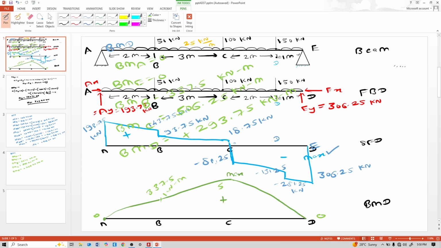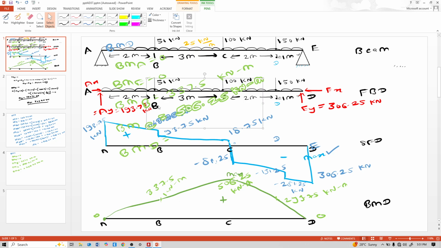This is 506.25 kilonewton meter, and this at point D is 293.75 kilonewton meter. So calculate this also in StatPro software.